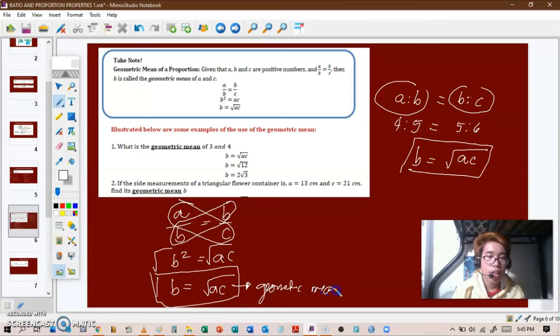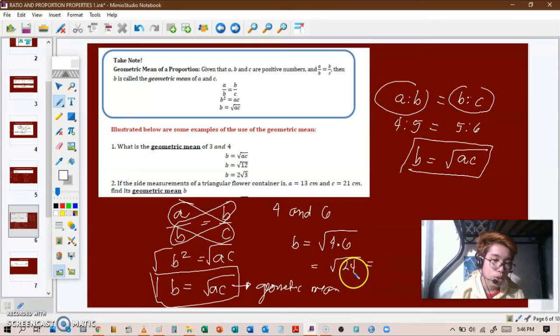And to solve for the geometric mean of any given numbers, we just input the specific values. So let's say, for example, we want to get the geometric mean of 4 and 6. So we get that B is equal to the square root of 4 times 6, so that's going to be the square root of 24.